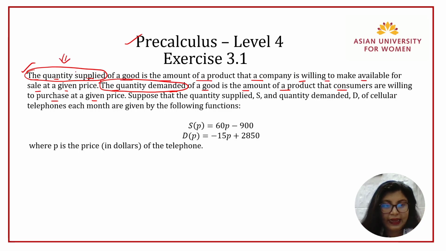Let's focus again. The quantity supplied of a good is the amount of a product that a company is willing to make available for a sale at a given price. For example, let's say you want to buy a product at Taka 10. However, the company wants to sell it to you for Taka 12.